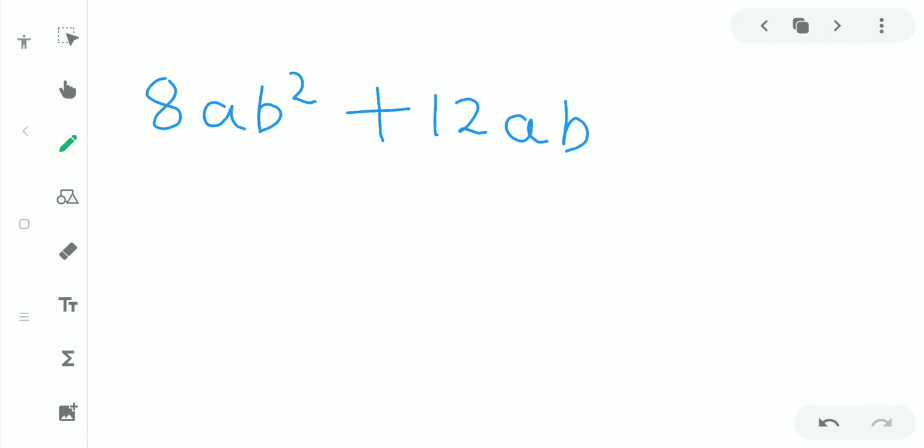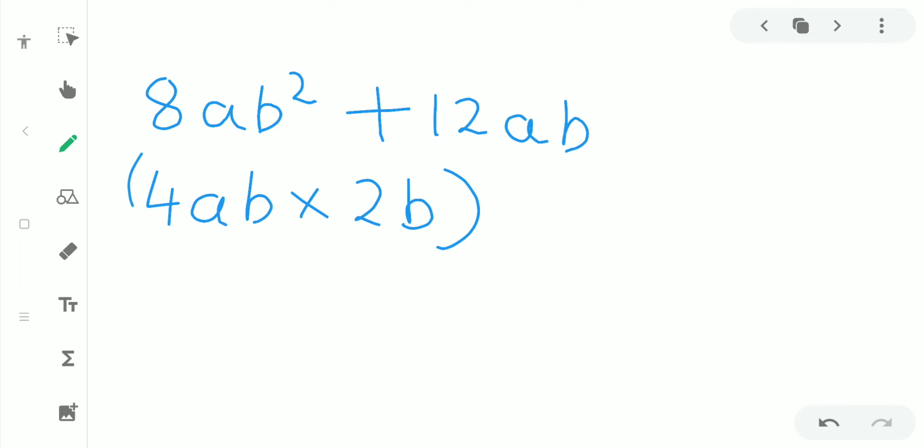I can take 4ab from each one. I can write 8ab square as 4ab into 2b, plus 4ab into 3.